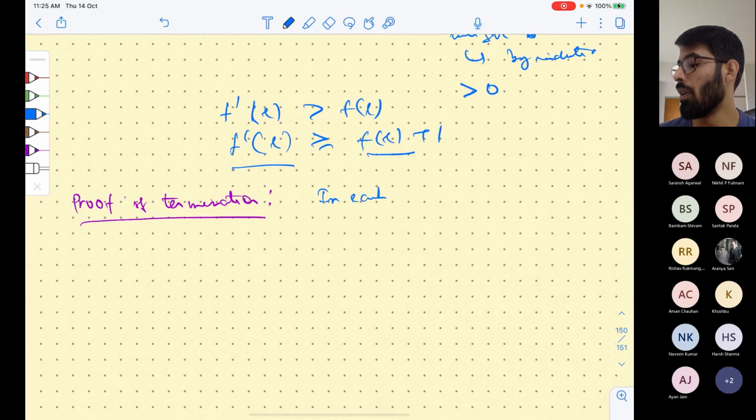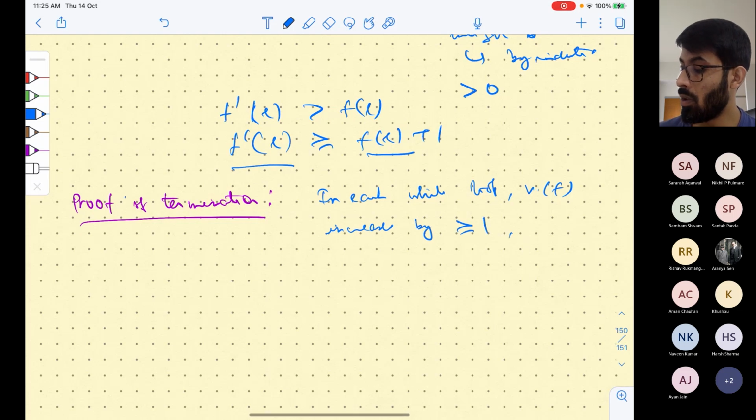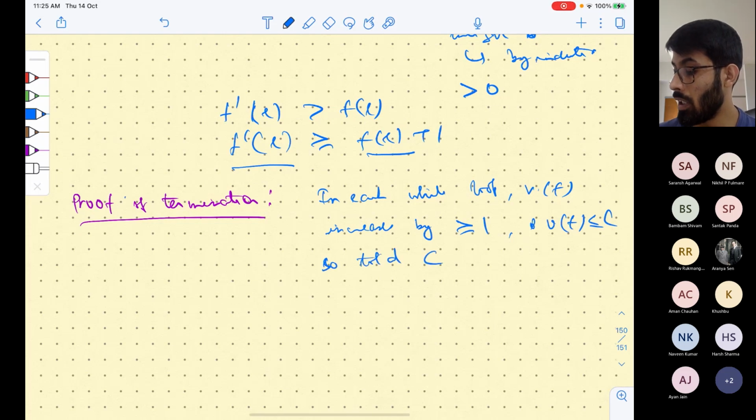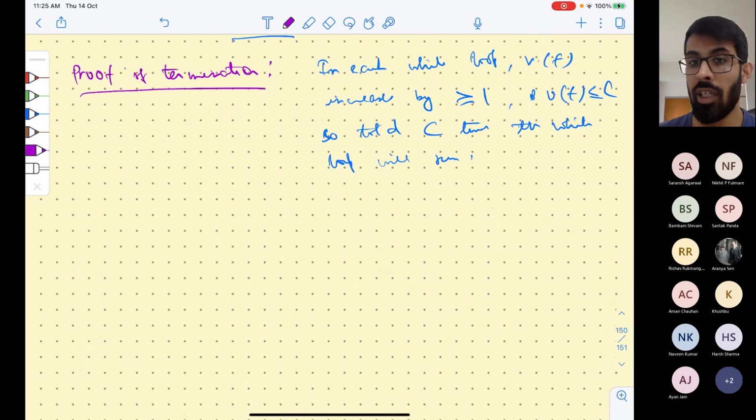In each while loop, the value of F increases by at least 1, and the value of F is less than or equal to C. So in total, the while loop will run at most C times. Right? Okay, good. So this is termination, that is done.